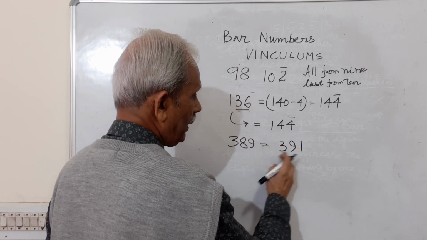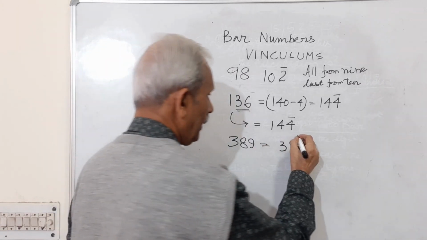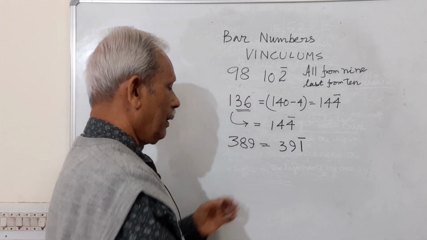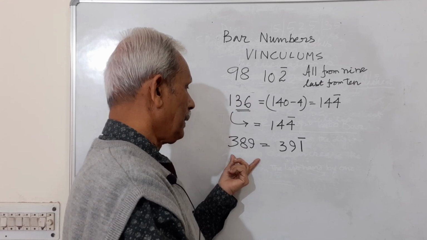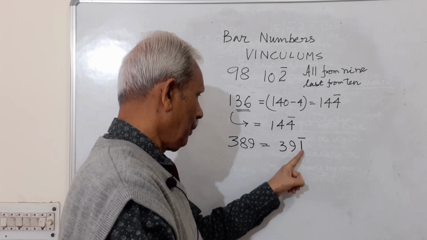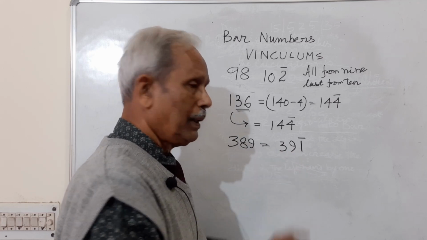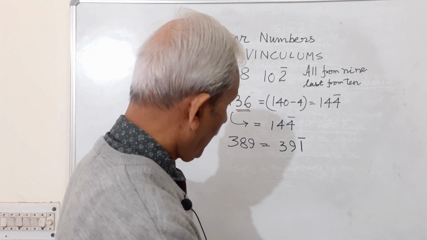It's actually 390 minus 1, and that's equal to 389. Here, this is the bar. What have you done? Reduce this digit from 10 to get 1, increase this 8 by 1 to get 9, and it has become 391 bar, right?